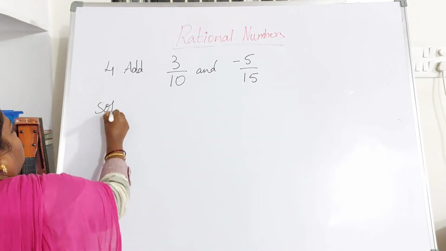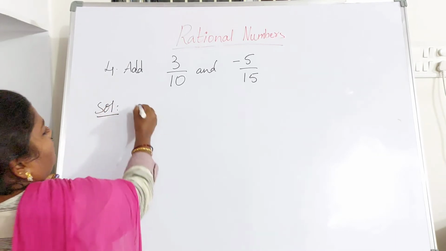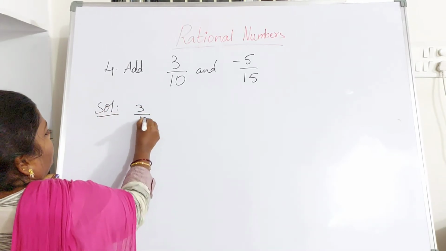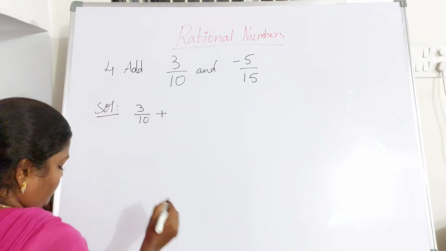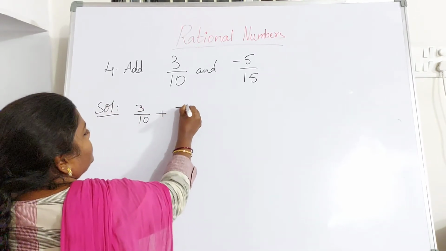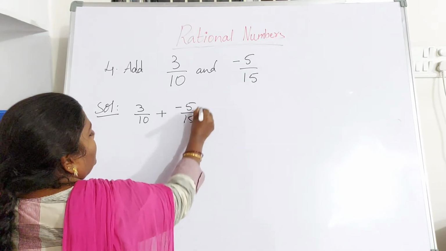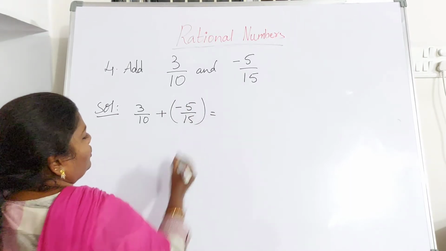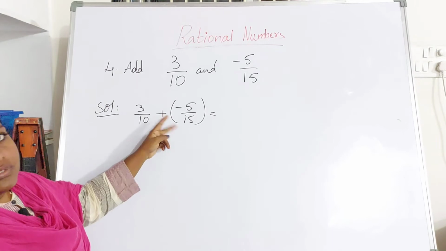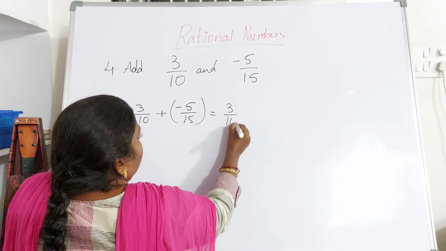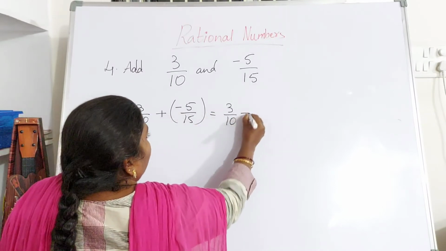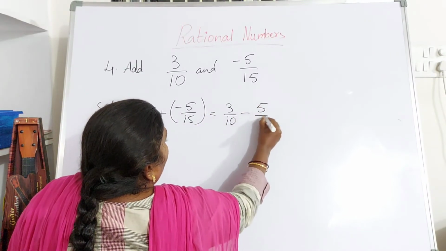Here they have given addition, so write the addition symbol and write down minus 5 by 15. I am keeping this in brackets because there are two signs over here. So now 3 by 10 plus into minus is minus 5 by 15.